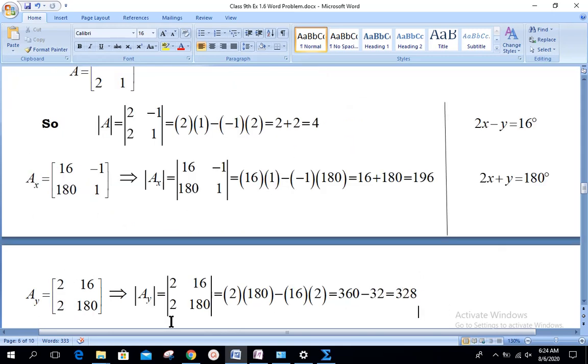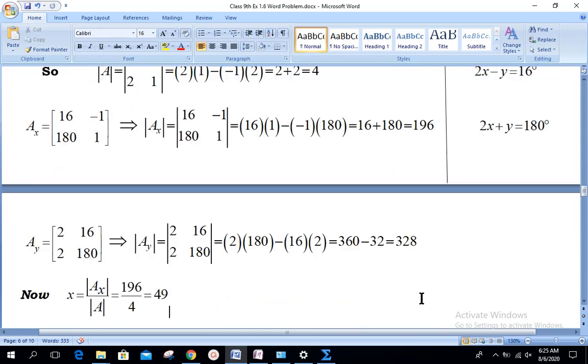Likewise, applying the same rule, now the first column will remain the same and 16, 180 will take the place of the second column. I obtain the AY matrix. Now the AY determinant, again the pattern is the same. Applying the order of determinant, making the simplification, my result becomes 328.